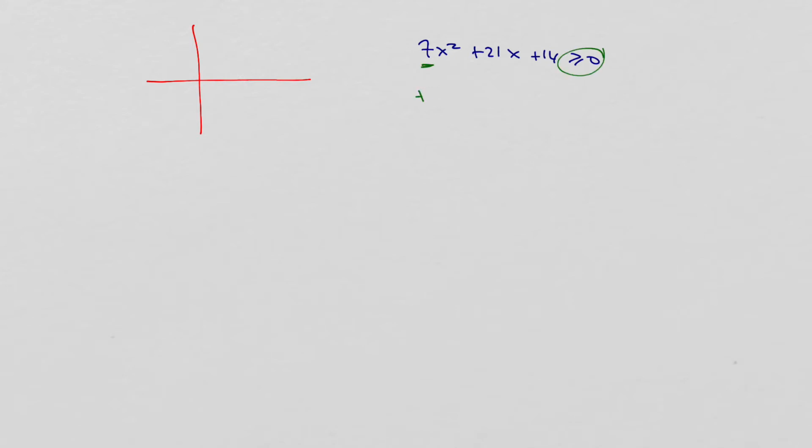It's a positive x squared coefficient, which gives us our U shape, and we're looking at it cutting the x-axis at minus 2 and minus 1. This time, because it's greater than or equal to, well, that means that it can equal minus 1 and it can equal minus 2, and therefore we fill in the circles where the graph cuts the x-axis.